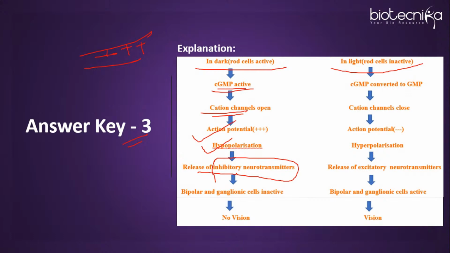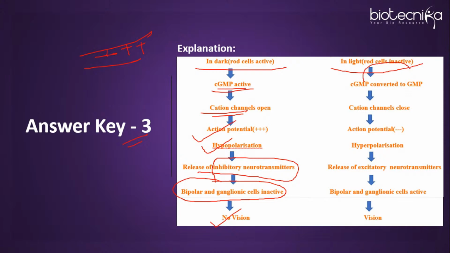Yes, it will be your GABA, glycine. So if those neurotransmitters are released, your bipolar and ganglionic cells will not be activated. These are the neuronal cells that are responsible for taking the information and transferring it to the brain. So this leads to what? No vision. Yes.